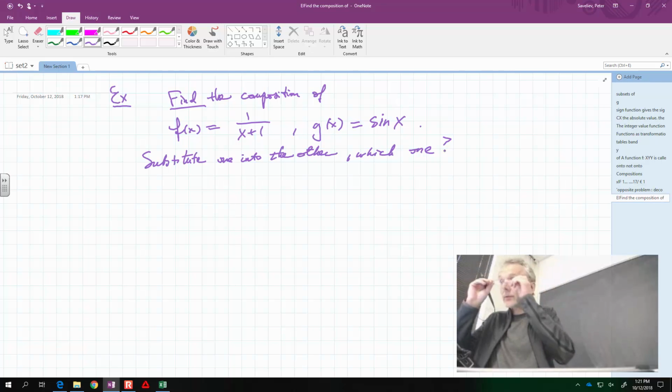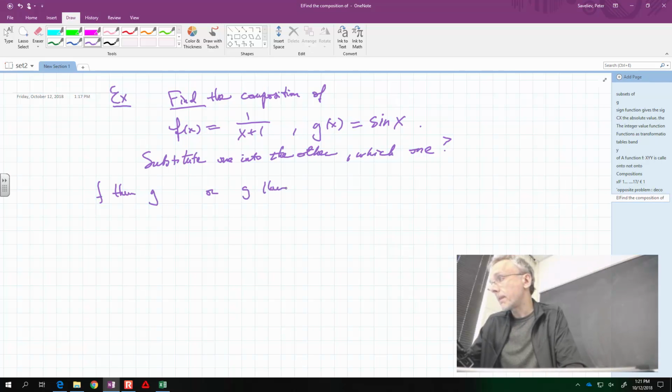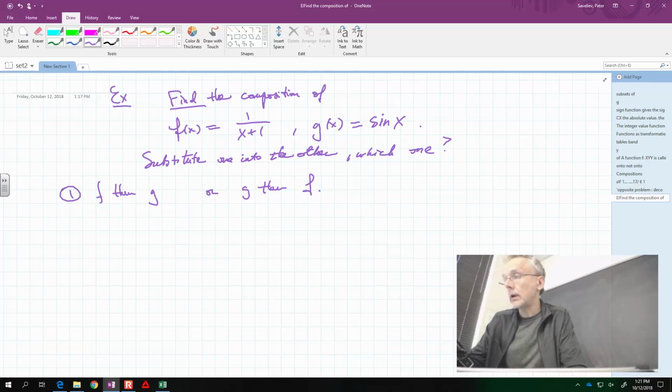So you don't know, and so there are two questions behind this one, and it's either one is substituted into the other or vice versa. So you just decide which goes f then g, or vice versa. So case 1, case 2, solve them separately.